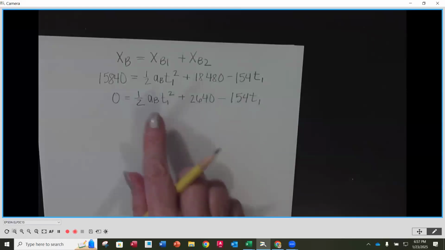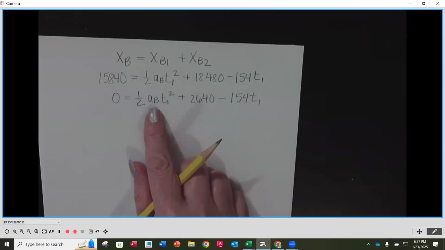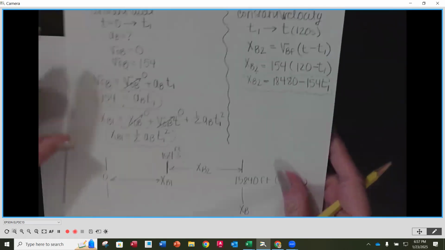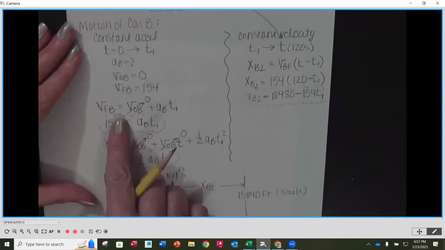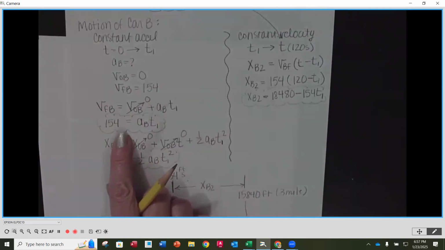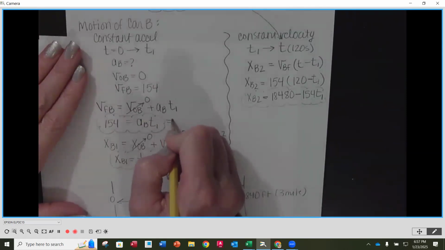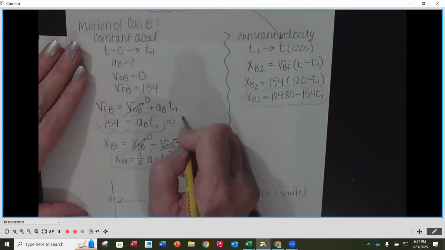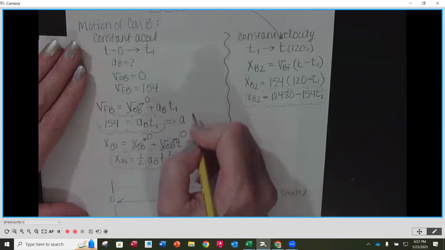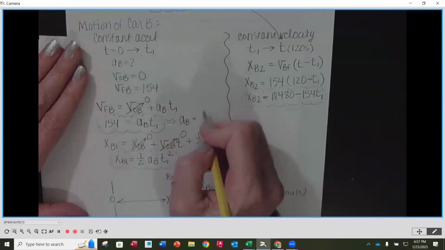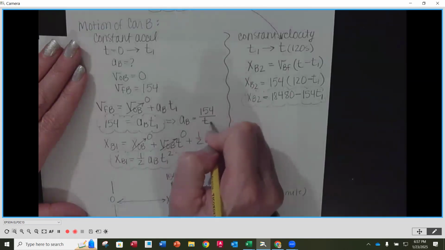Now, if you recall early on, we solved for the acceleration of AB, or we had it in terms of T. If we go back over here on the right-hand side for motion of car B, we have 154 is equal to AB times T1. If we rearrange this equation and solve for AB, it's going to be equal to 154 divided by T1.